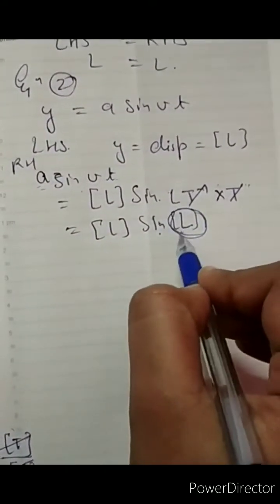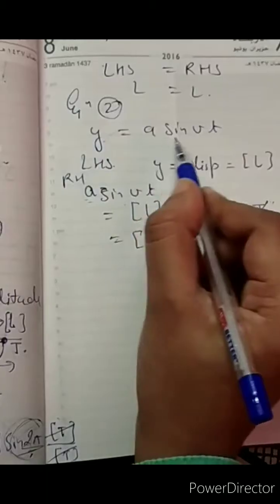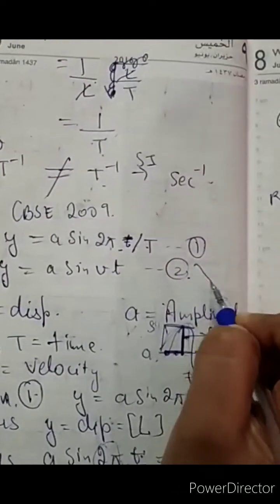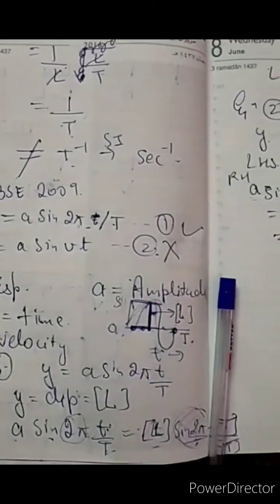It is in radian, but it doesn't have dimensions like M, L, T form. So here we are getting L, we are getting sine in terms of dimension. It means this is wrong. So this formula is incorrect. Equation 2 is wrong and equation 1 is right.